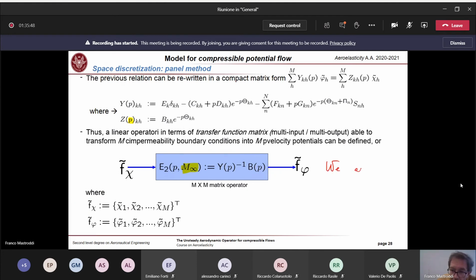We are in Prandtl-Glauert space, and theta depends on Mach too.